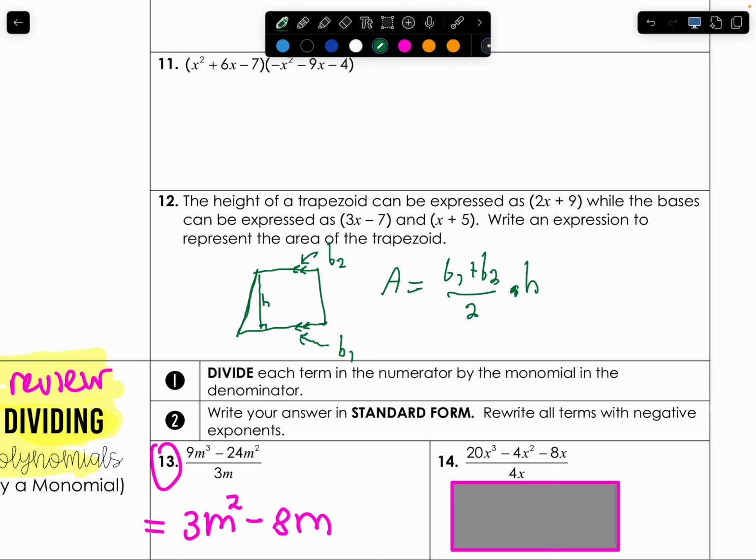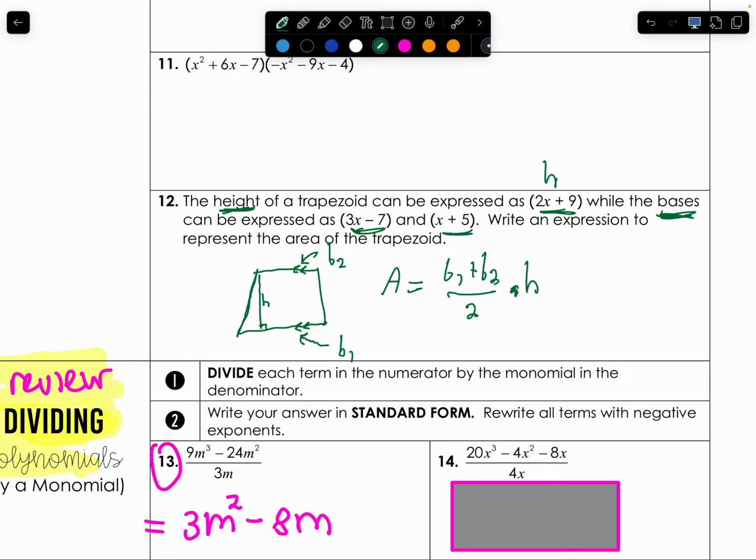So if I give you that formula on the test, you should be able to just put the numbers where they belong. So it can be the bases, B1 and B2 are right here. And the H, the height, is right there. And so you're going to kind of multiply everything out and divide by 2.